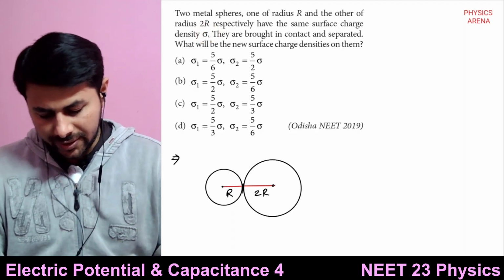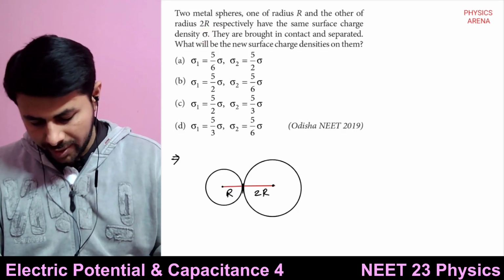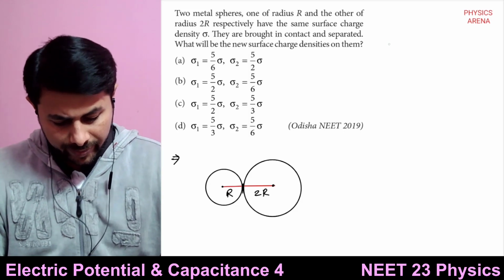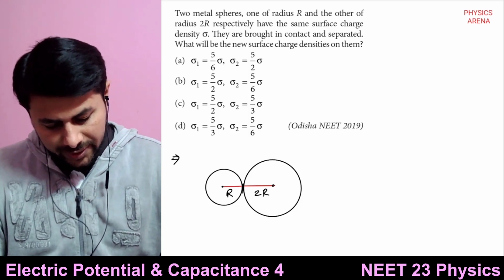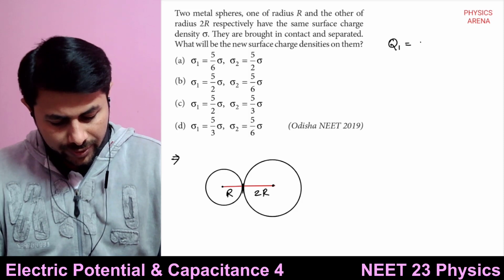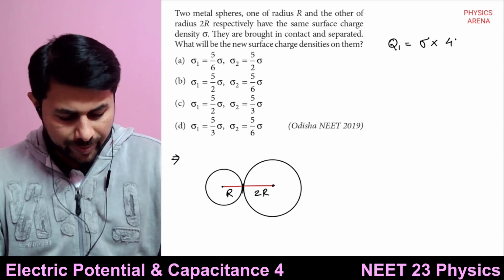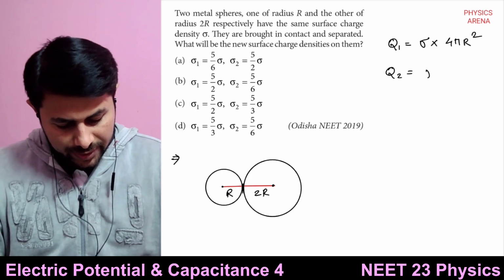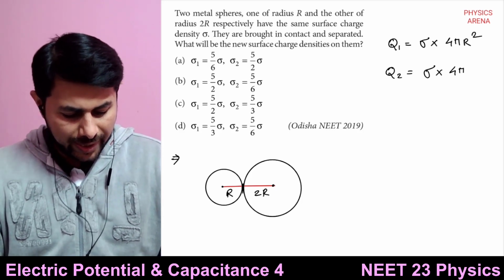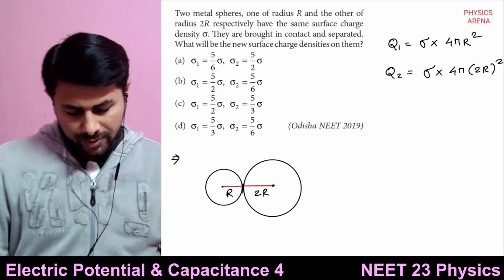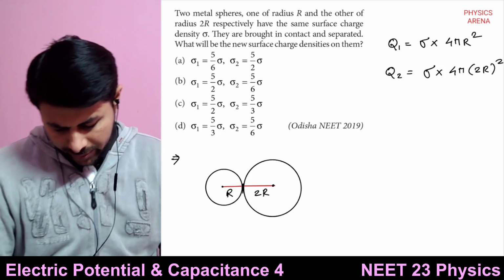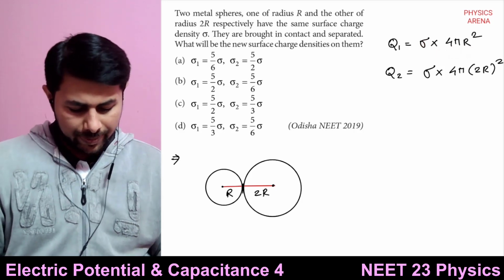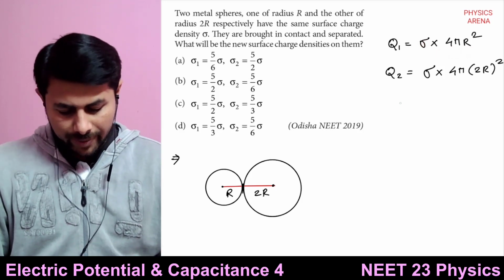Initial surface charge density is sigma. So using this, we can find out initial charges. Q1 is equal to sigma multiplied by 4 pi r square, and Q2 is equal to sigma multiplied by 4 pi 2r square. So charge is equal to surface charge density multiplied by area. After that, what will happen?